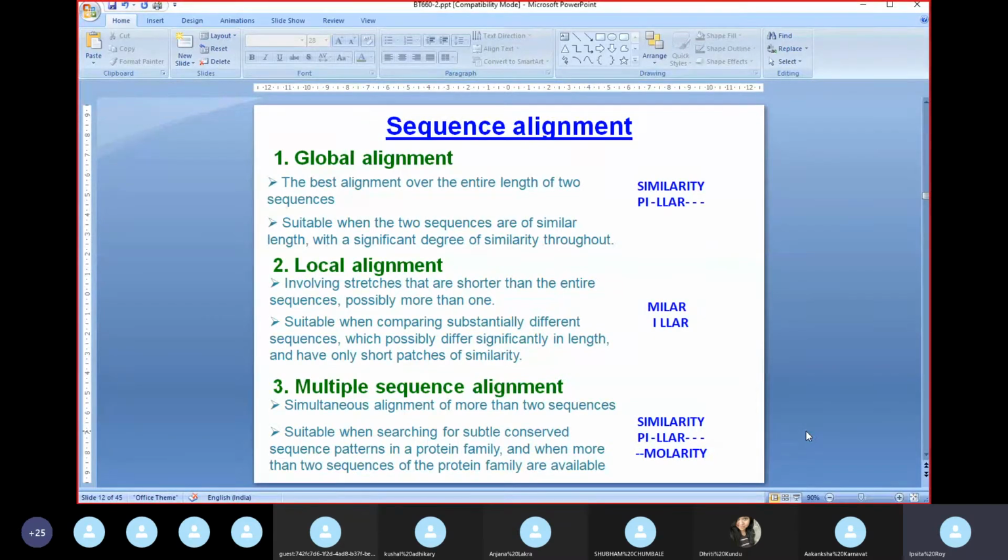Then again, for my query sequence, I am able to fit in what kind of function it is likely to have simply by looking at the sequence. So in these cases, multiple sequence alignments very rarely will give you very good fits over global alignment, but what you use them for mostly is to search for conserved sequence patterns in a protein family, or when you have more than two sequences of the same protein family available.